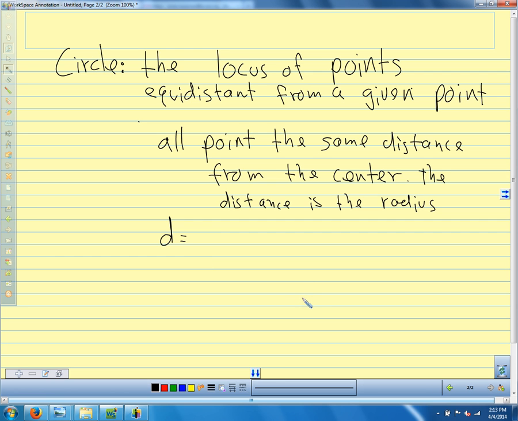What is the distance formula? Distance equals, I'll get us started, square root. Remember what we do for the distance formula? Anyone?